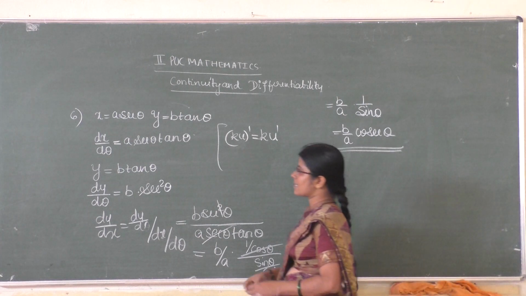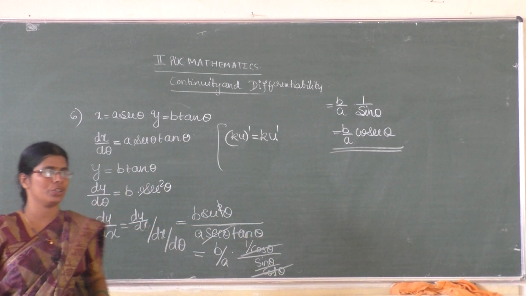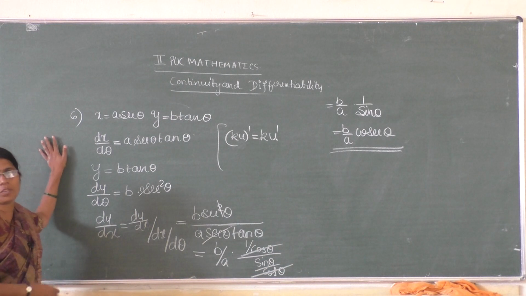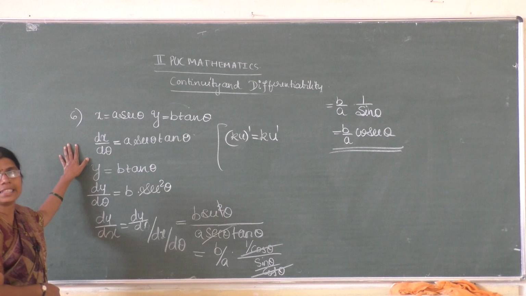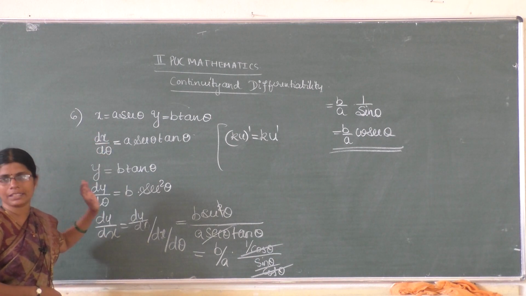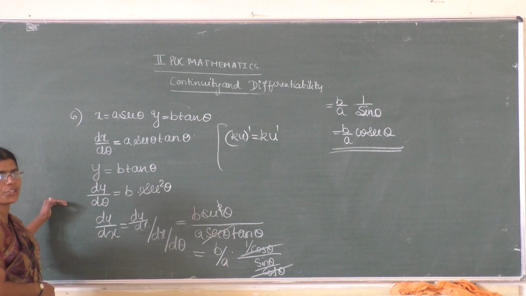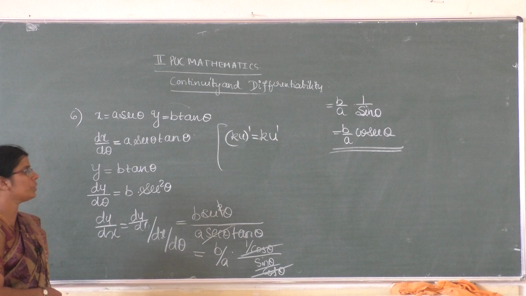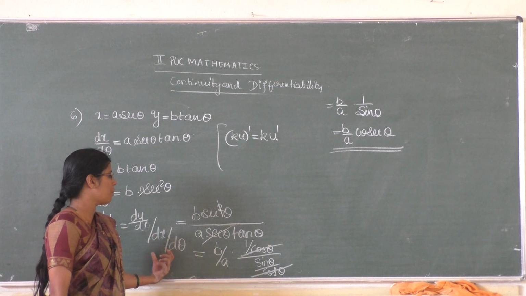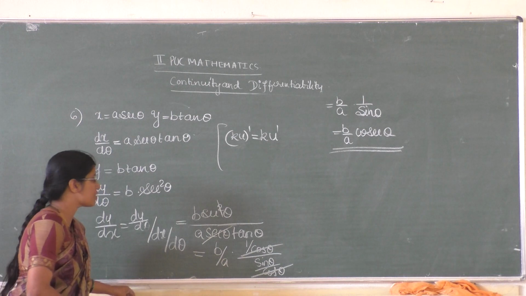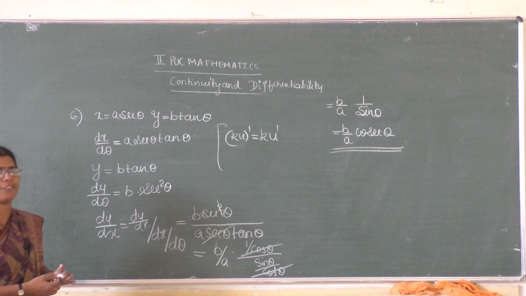Okay, so this is how we solve this particular function. Okay, so derivative of a function which is given in terms of a parameter. Okay, that is theta is the parameter here. So we have to differentiate x with respect to theta and y with respect to theta. Then by applying the formula we get this. Okay, so this is also one of the important concepts in differentiation.